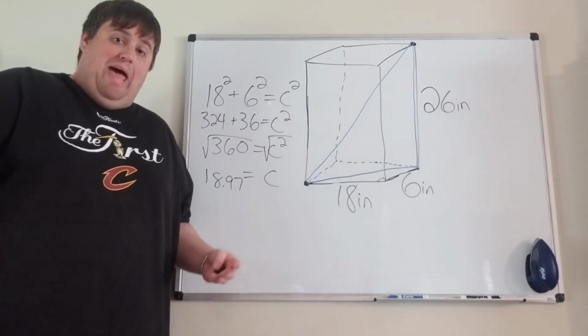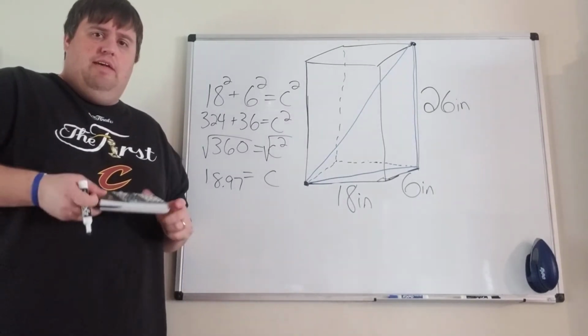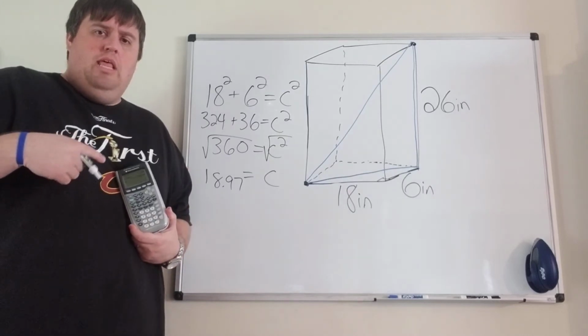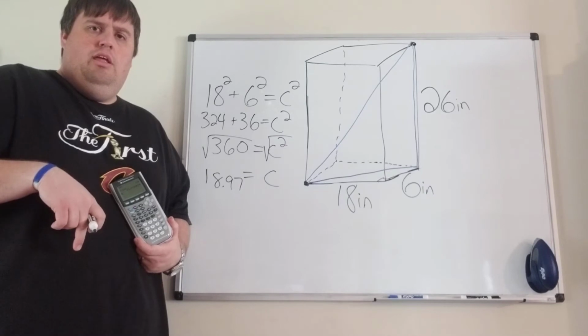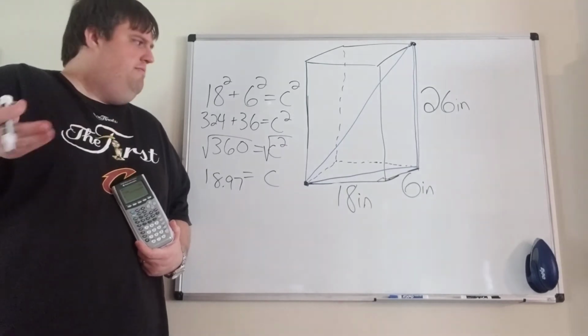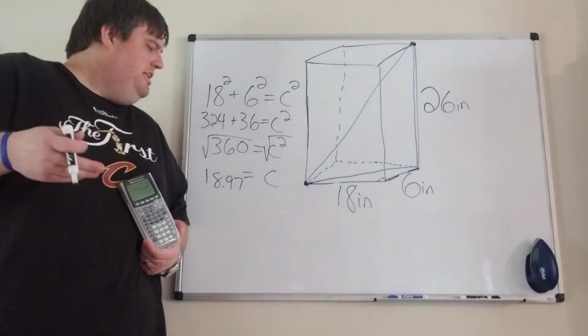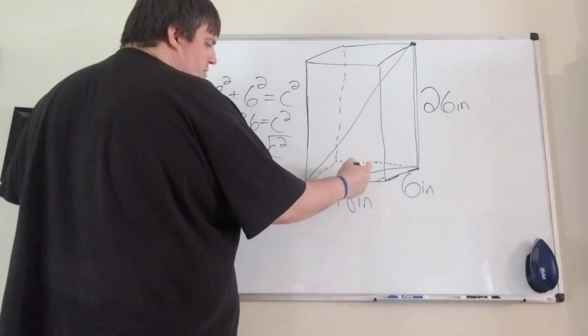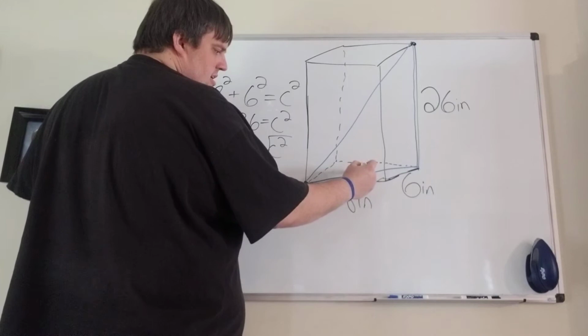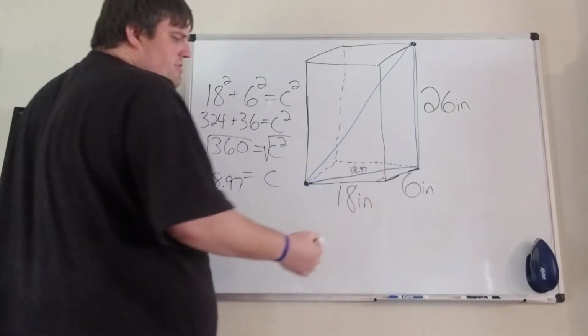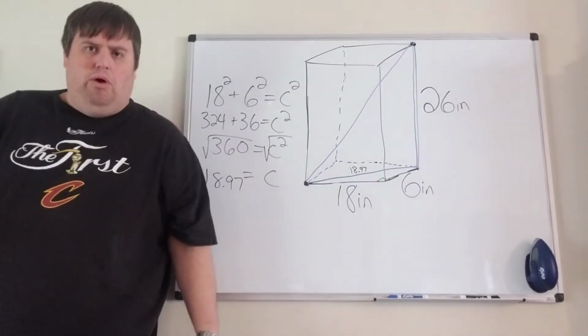What I would recommend, if you are using your calculator, is to just leave that number on your calculator somewhere, and then use it for the next problem, because we're going to need to use that number now. You can round it, but then your answer is not going to be so precise. And you know, Pearson is really picky about what you put in there.